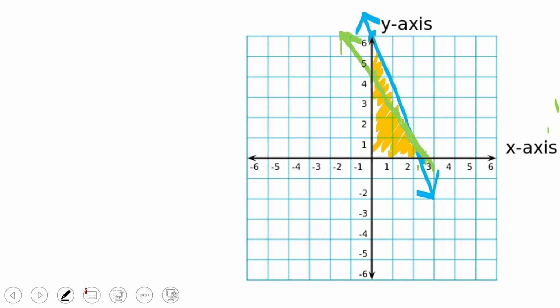Can't quite see it very well. Okay, so our intersection point is interesting right there. We're going to see algebraically and mathematically where these fall.